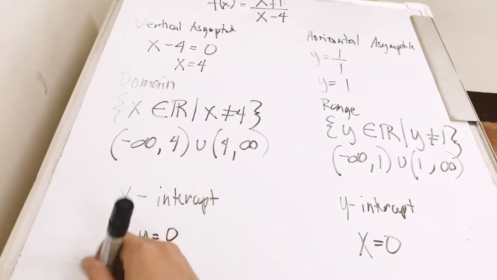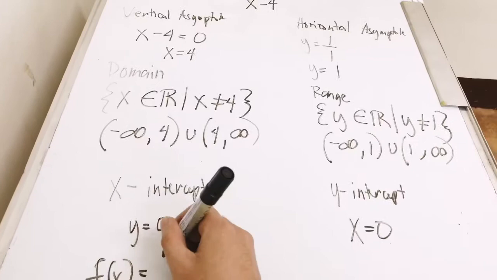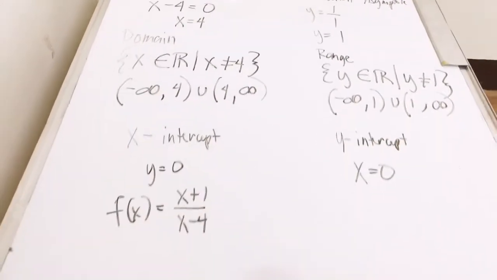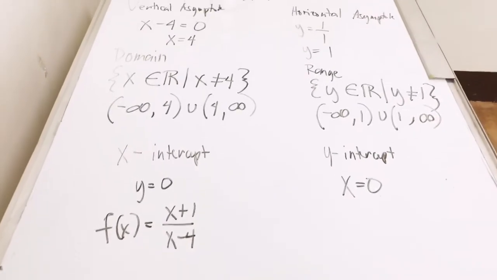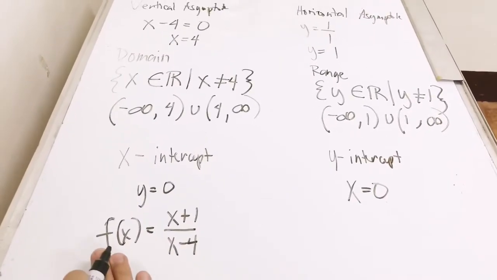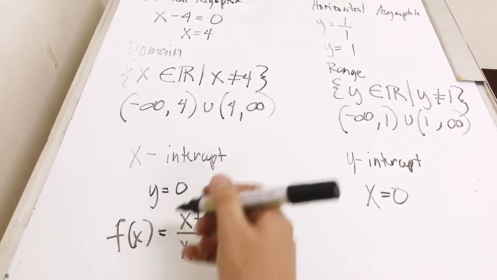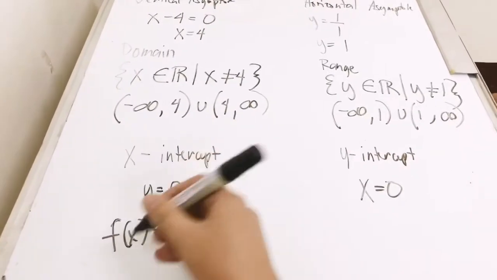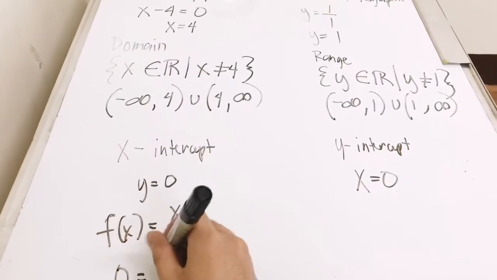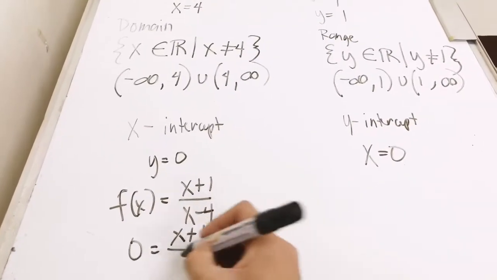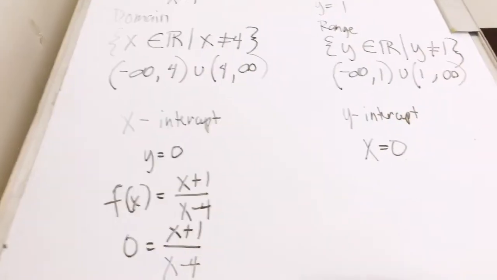So we have f of x is equal to x plus 1 over x minus 4. We already learned that f of x is also y. So since the value of y is 0, we have 0 is equal to x plus 1 over x minus 4.